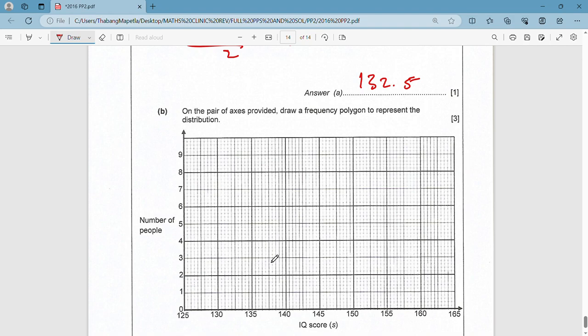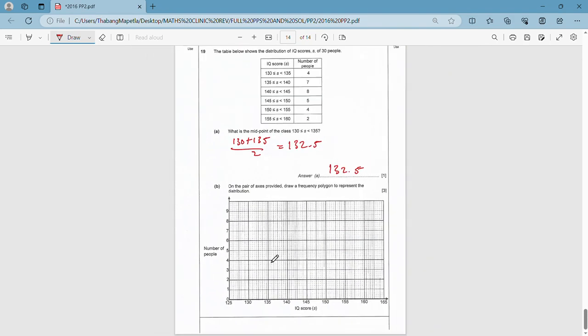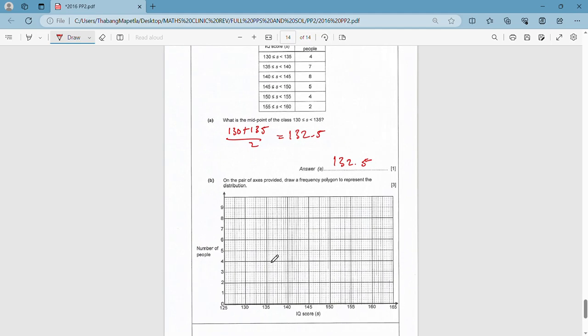The first class is 130 to 135, and it's going for 4. Where is 4? Somewhere here. Then the next one will be 137.5 for 7. It's going to be somewhere there. Next one will be 142.5 for 8, somewhere here.